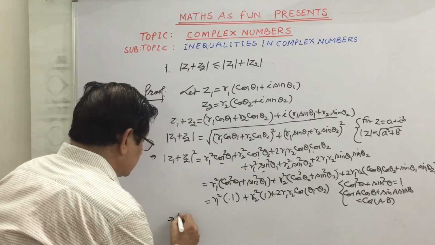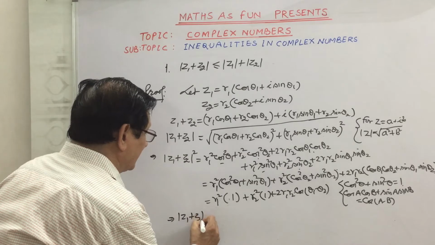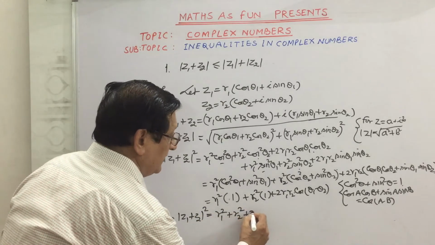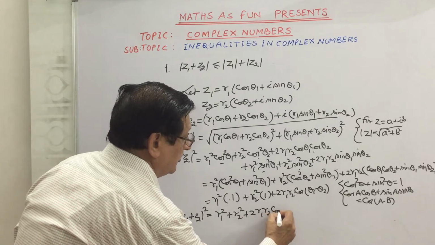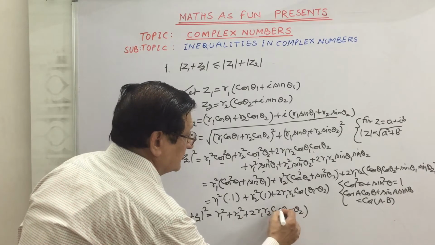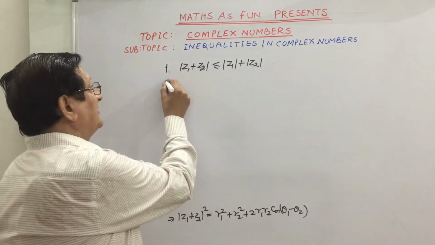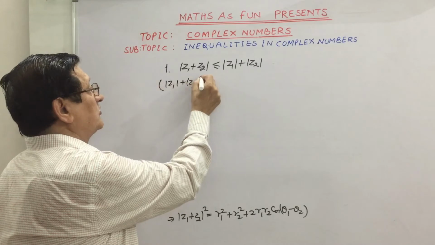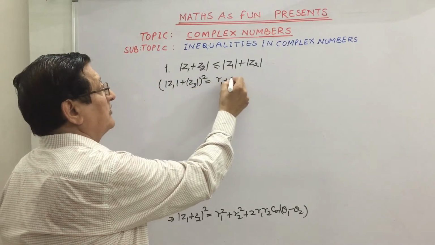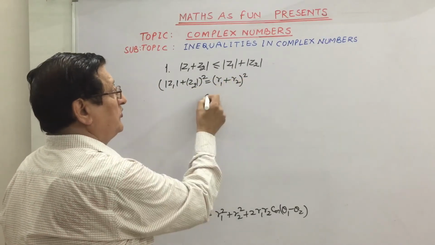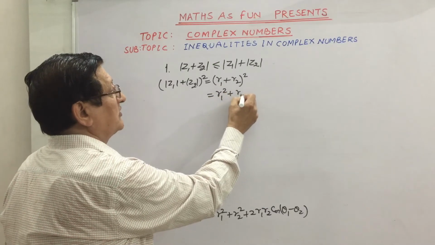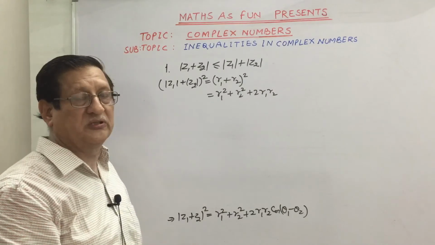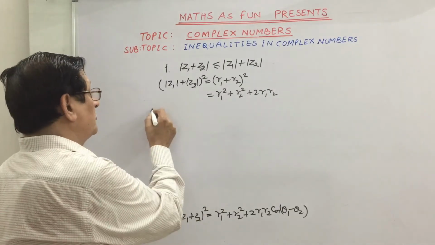We get by this that |z1 + z2| square is equal to r1 square + r2 square + 2r1r2 cos(θ1 − θ2). If we find the value of the square of |z1| + |z2|, that will be (r1 + r2) square, which is equal to r1 square + r2 square + 2r1r2 using the formula of (a + b) whole square.